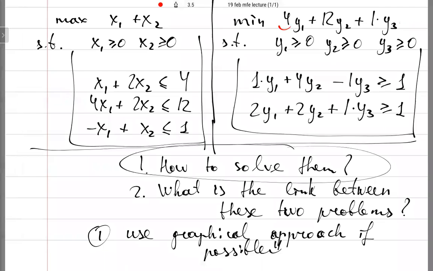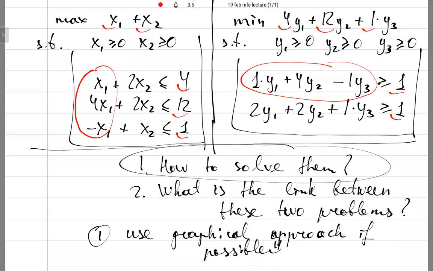So look, we have a similarity between the problems. I have 4, 12, 1, and this is 4, 12, 1. I have 1 and 1, and I have 1 and 1. If I look at the columns of the first problem, the coefficients are 1, 4, and -1. If I look at the rows of the second problem, I read the same numbers, 1, 4, and -1.